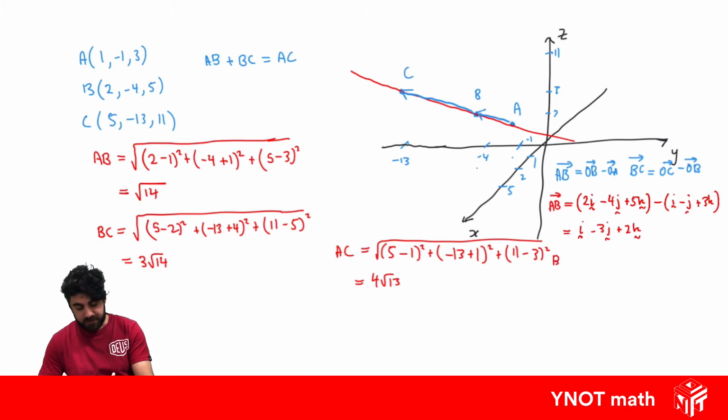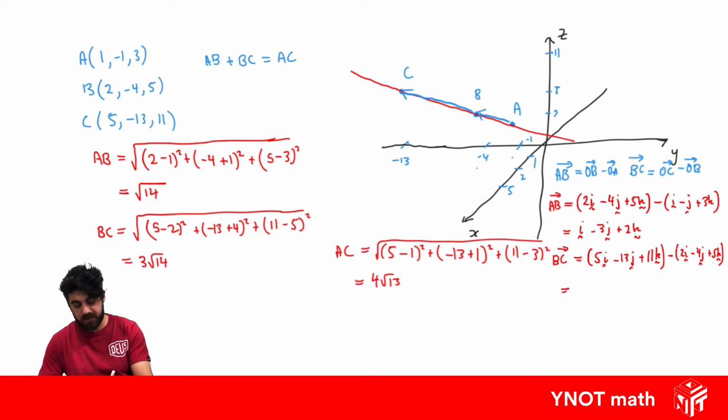Let's look at our vector from B to C. So it's going to be our vector O to C, which is just going to be 5i minus 13j plus 11k, minus the vector from O to B, which we've already found, is 2i minus 4j plus 5k.